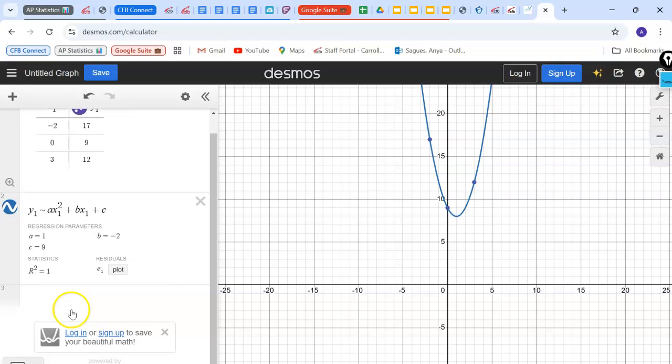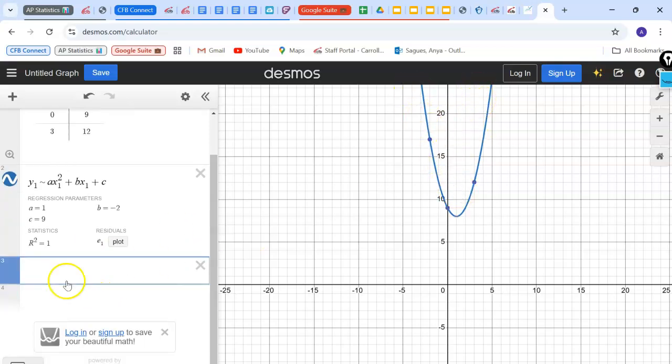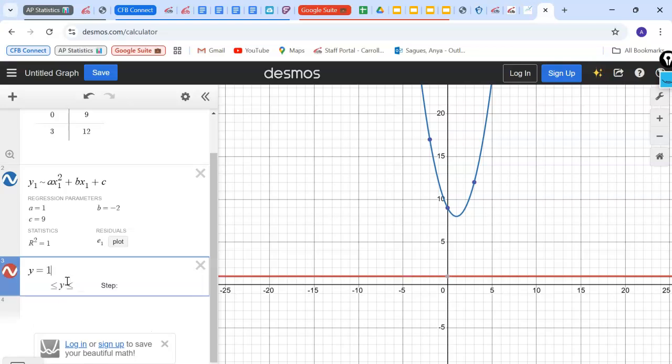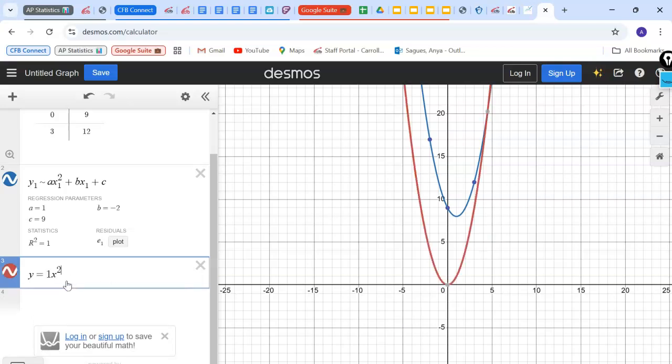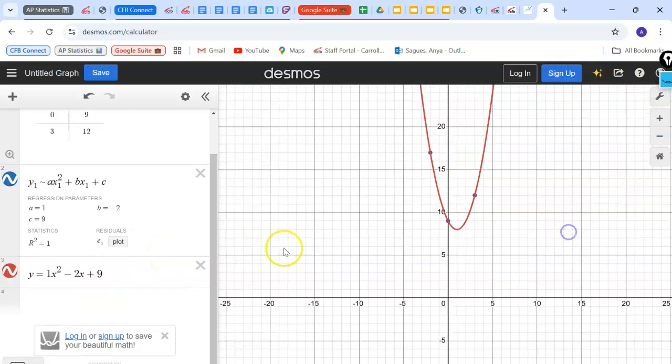What this does is it tells you what a, b, and c are for this U shape. So if I were to write this down as an equation, there we go. That's my equation.